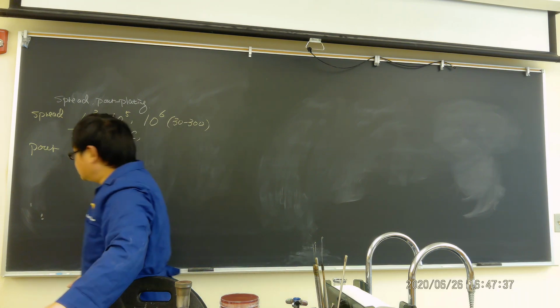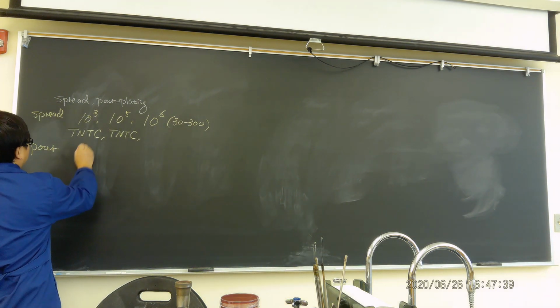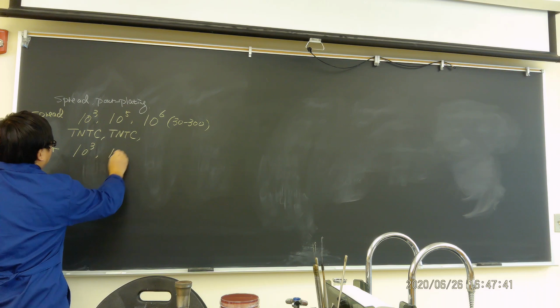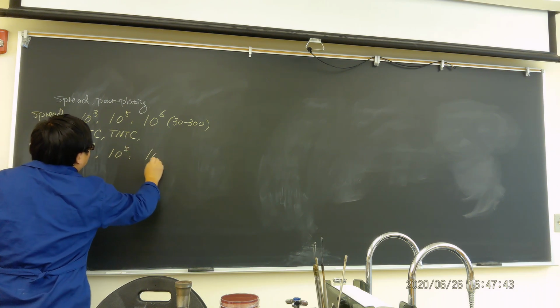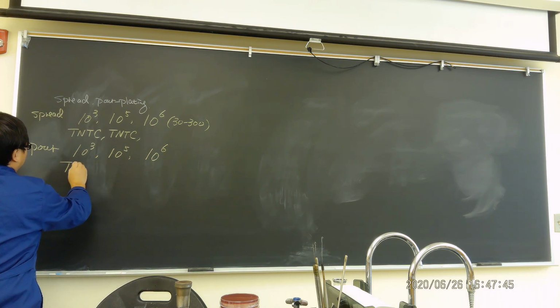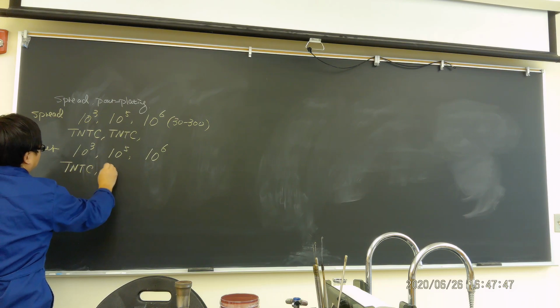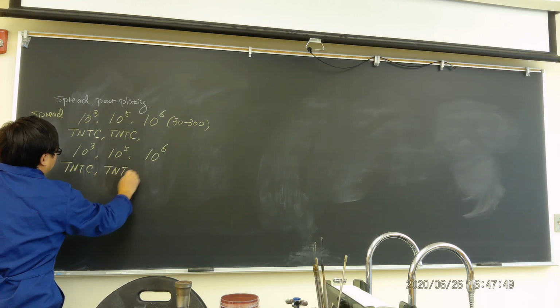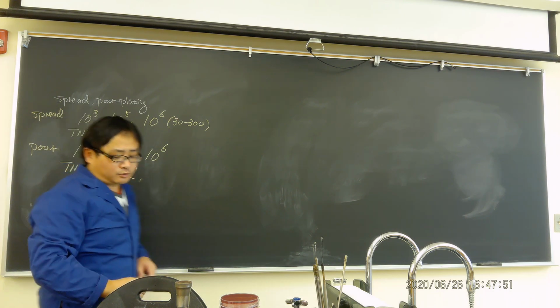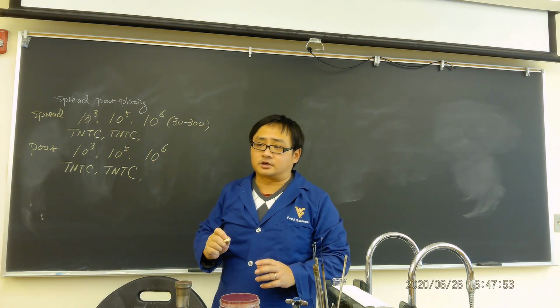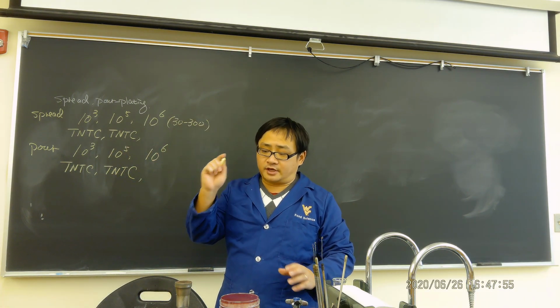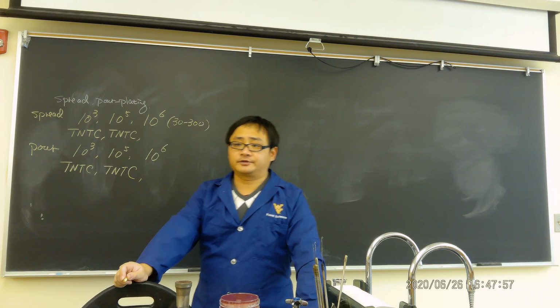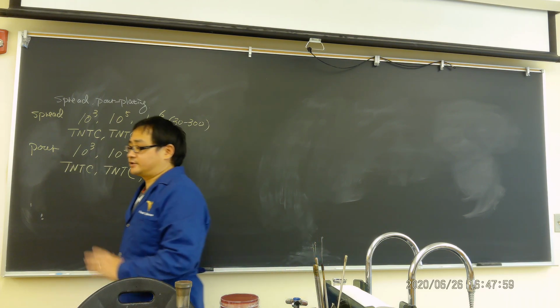So again here what we see is 10 to the 3, 10 to the 5, 10 to the 6. These two are TNTC. When you're counting, I suggest you use a marker to label it every time you count it. Okay, so let's see the number.